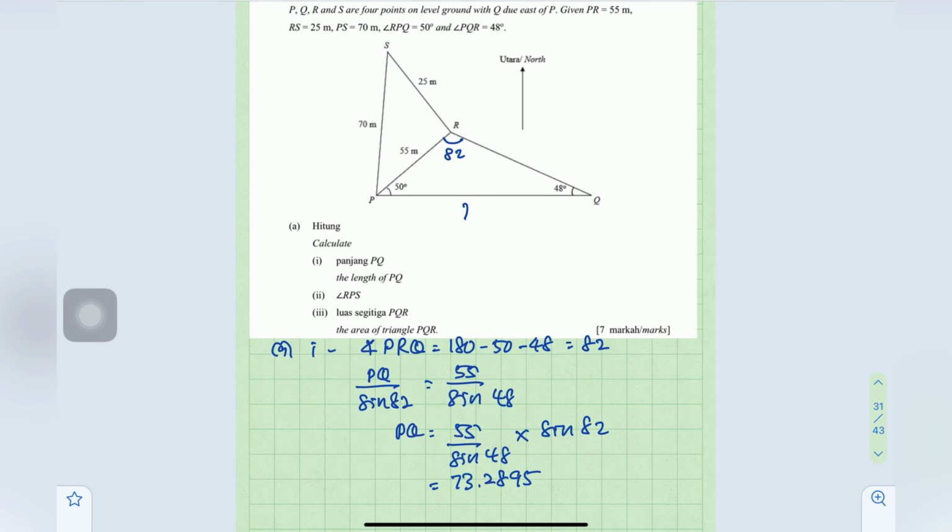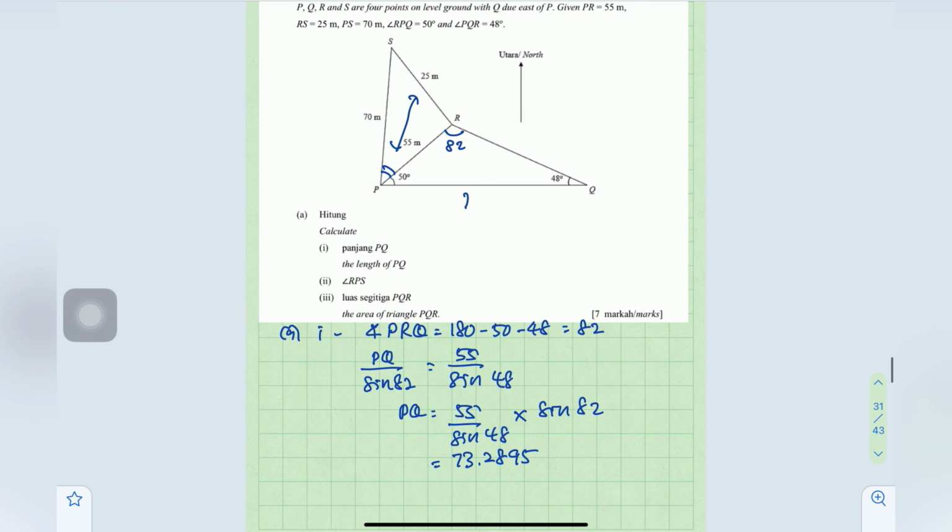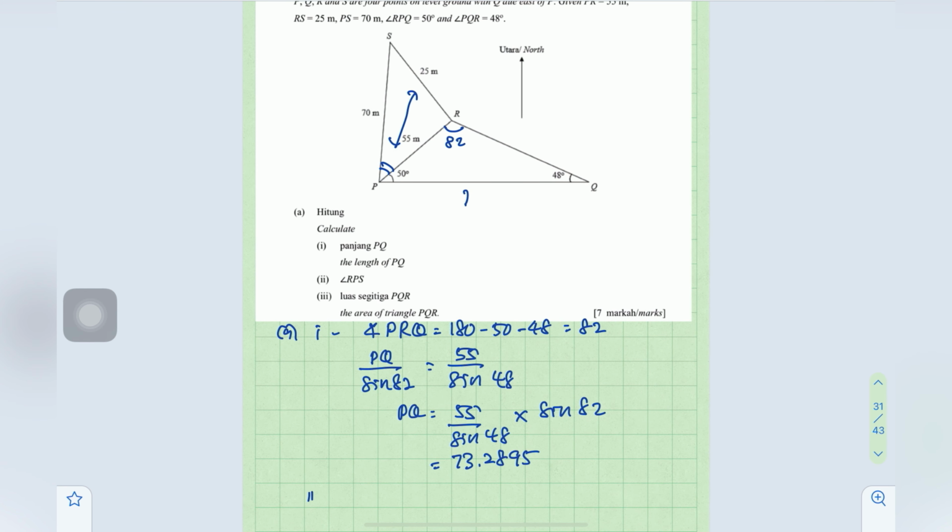A2, calculate angle RPS. Okay, this is the RPS angle. Then we notice there is only one angle, so we can use the cosine rule. We have to find the opposite side, so the opposite becomes the subject. So RS is the subject, which is 25. So 25 squared equals 70 squared plus 55 squared minus 2 times 70 times 55 cos angle RPS.